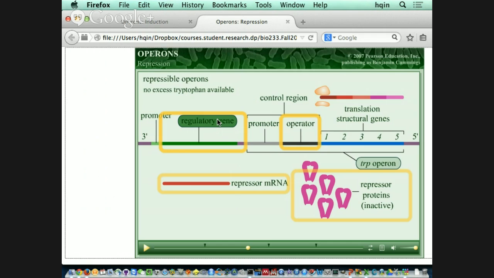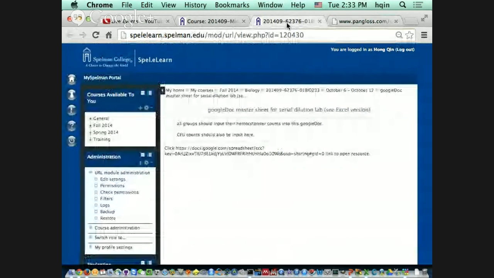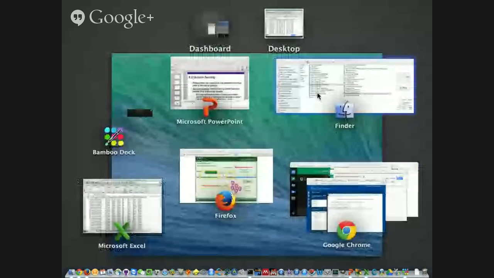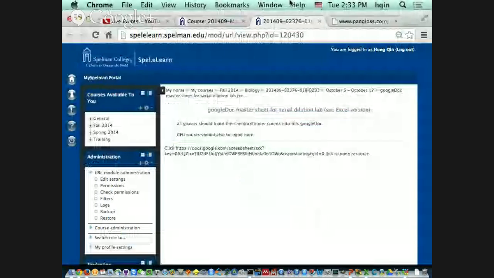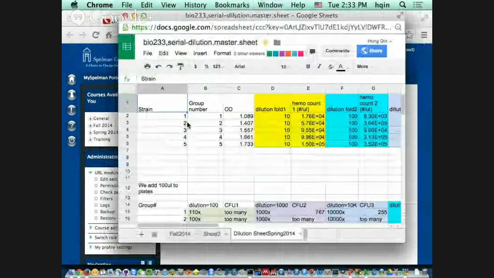1.71. Look at our number again. Where's our number? Oh, no. Sorry, when I have too many windows, I forget. Oh, that looks like that. Okay.